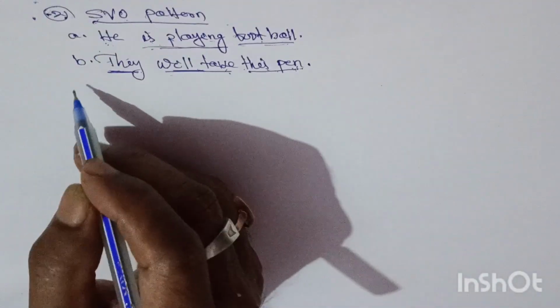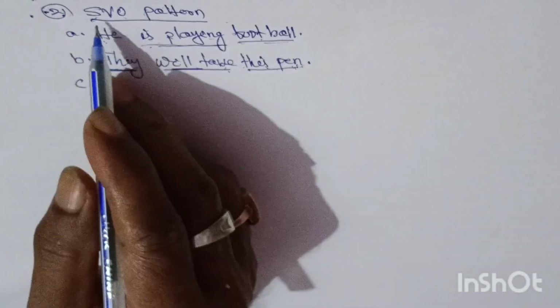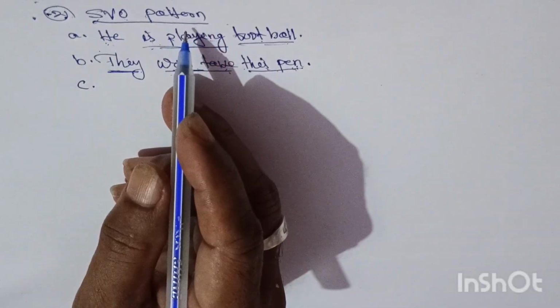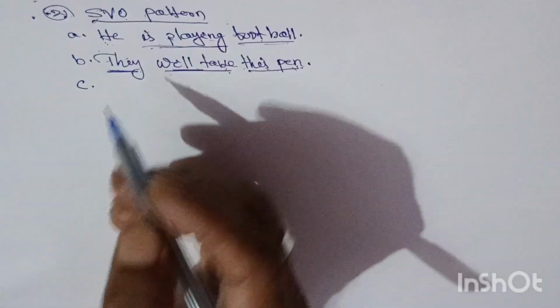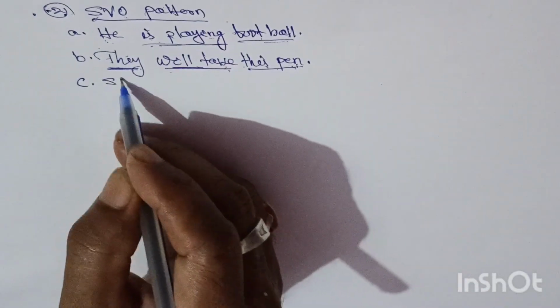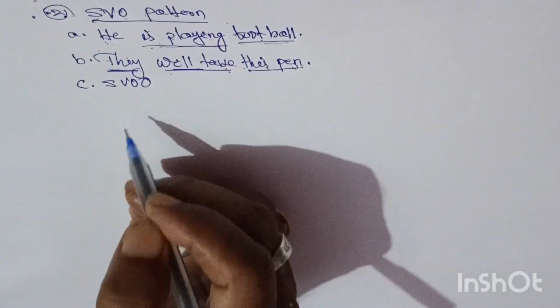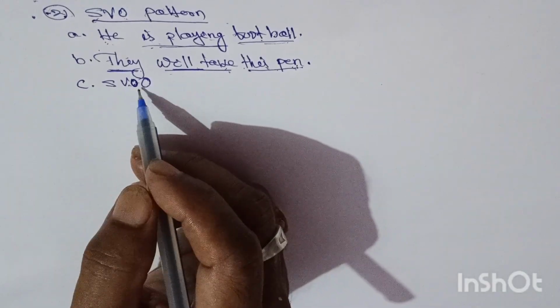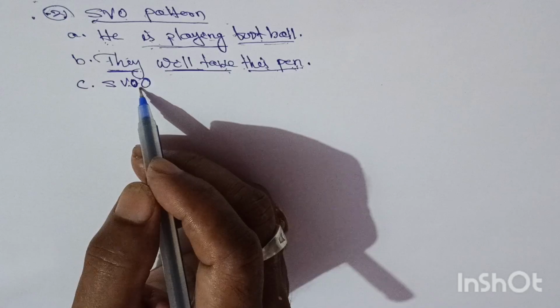Similarly, the third point is SVOO. Double O means two objects: one is a direct object and the other is an indirect object.